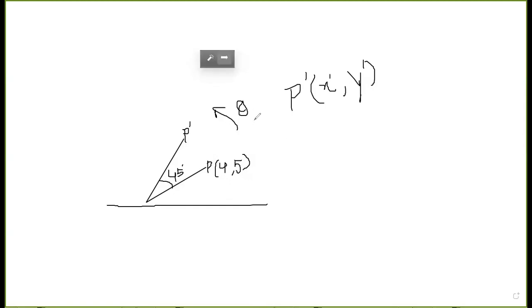Clear? What you have to do? Just use this: x dash equal to what? Again repeat this.